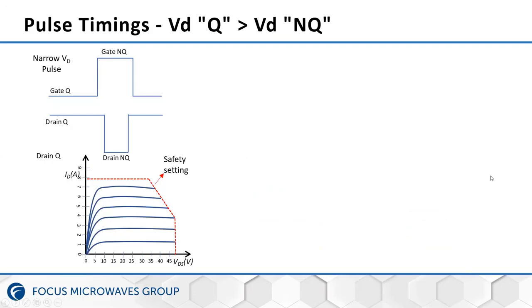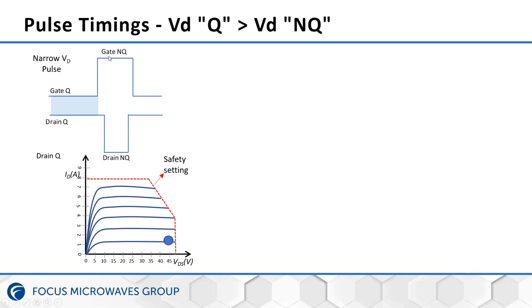The second scenario that we will discuss is the condition where we can have some problems. This is the condition where the quiescent drain voltage is greater than the non-quiescent drain voltage. Here we can see that the drain quiescent is at a very, very high level. Starting from the quiescent current, the drain is at a very high quiescent.